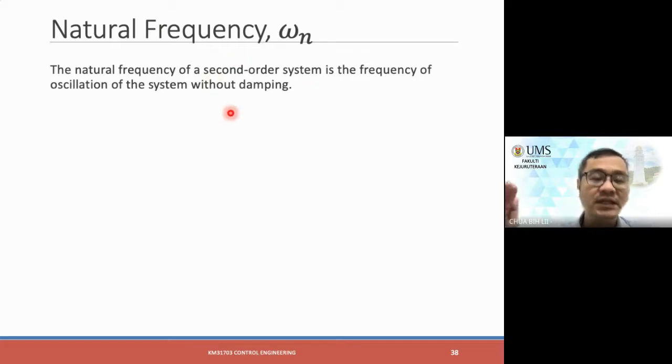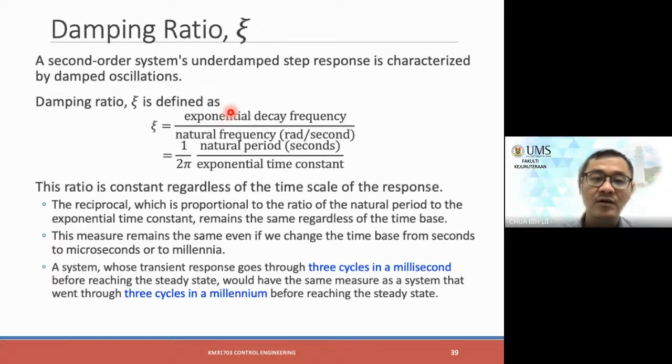Naturally it's already oscillating, assuming no damping at all. And then we will also have the damping ratio to characterize the damped oscillations. So two parameters: one is omega n and one is sigma.